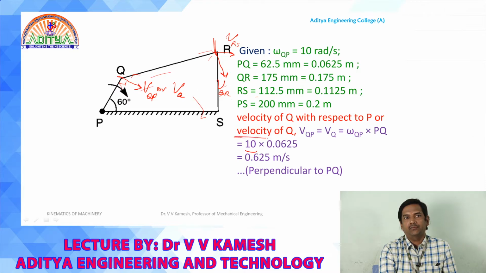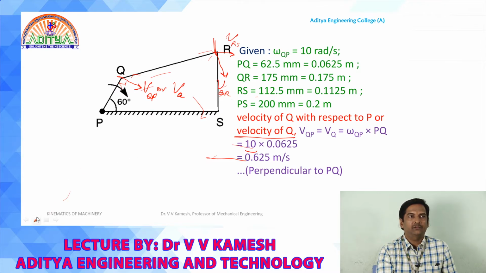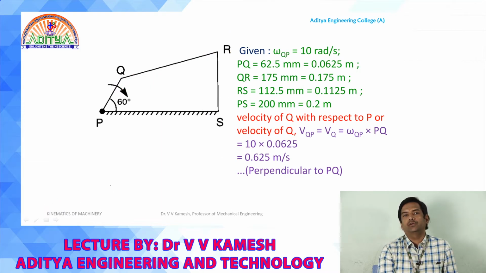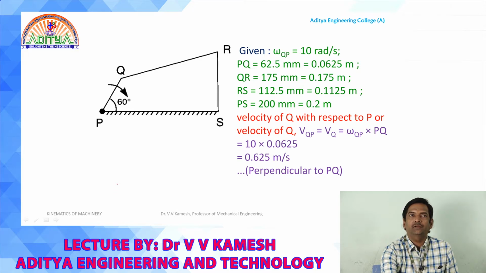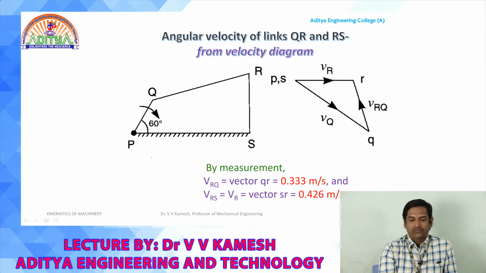Calculation of the velocity of Q. This is calculated by multiplying omega QP, the crank angular velocity that is given, with PQ. So, the velocity of Q is going to be 0.625 meter per second, perpendicular to PQ. Now, from this we need to identify the velocity of RQ and RS simultaneously. In this diagram, P and S are fixed points. So, what we will do is P and S on this.